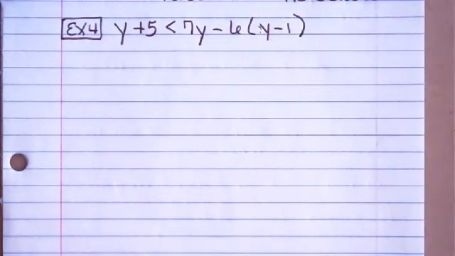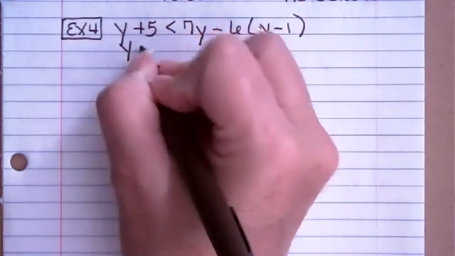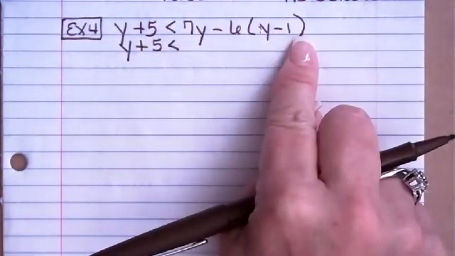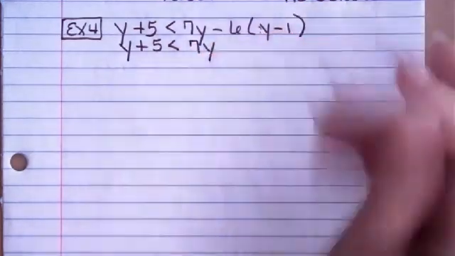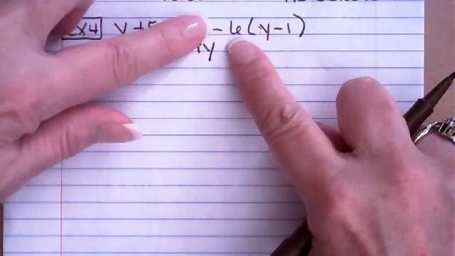Okay, so this is a little bit more involved, but that's okay, we can do it. I can't do anything with the left side over here, so I'm just going to bring it down. Now on the right side, we know we have to do the distributive property. So I'm going to have 7y. Now remember right here, you're multiplying by negative 6, not just 6, but negative 6.